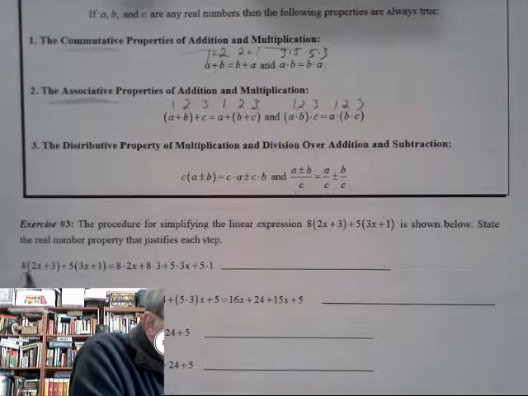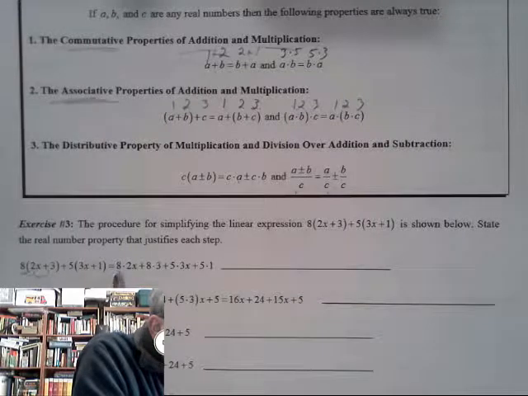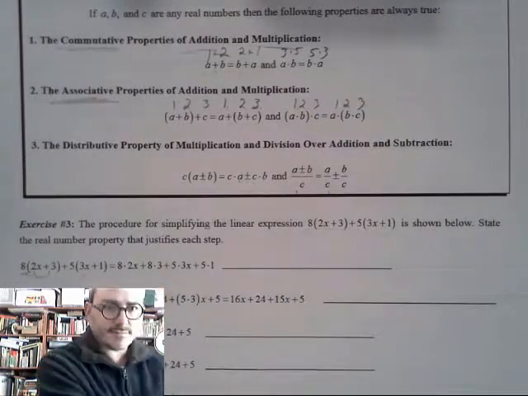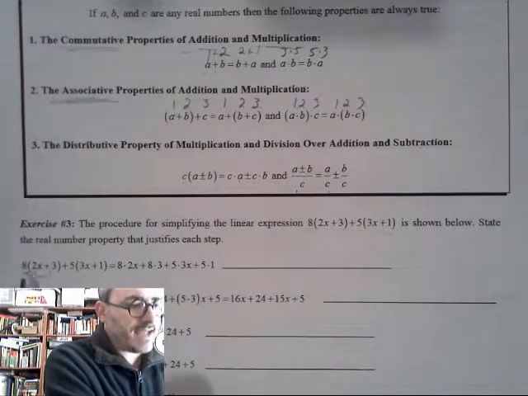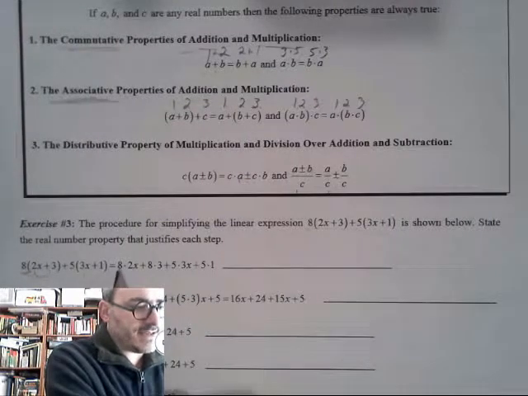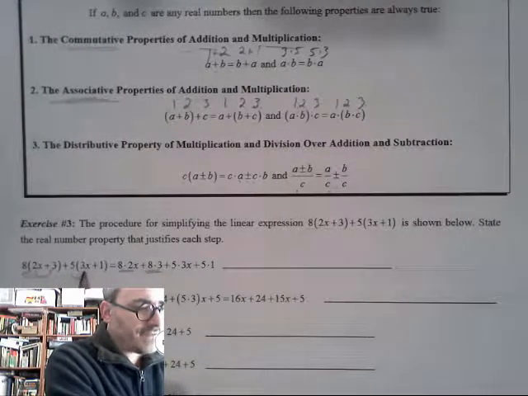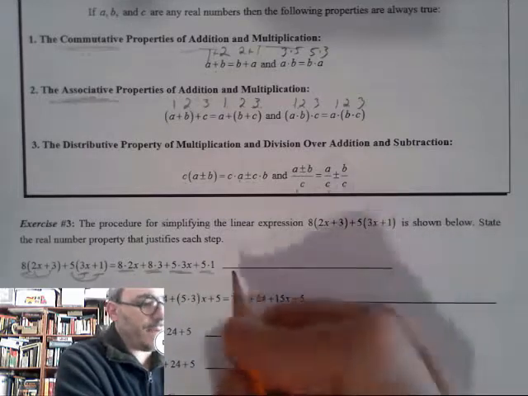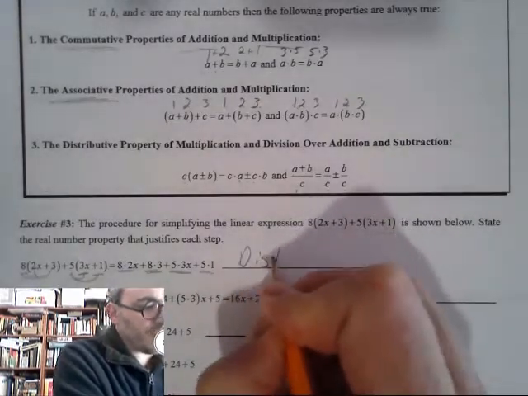My 8 got distributed to here and to here, so this 8 is getting distributed across my parentheses. Here I have my 8 times 2x. Here I have my 8 times 3. Here I have my 5 times 3x. Here I have my 5 times 1. So what's happening here? This is the distributive property.